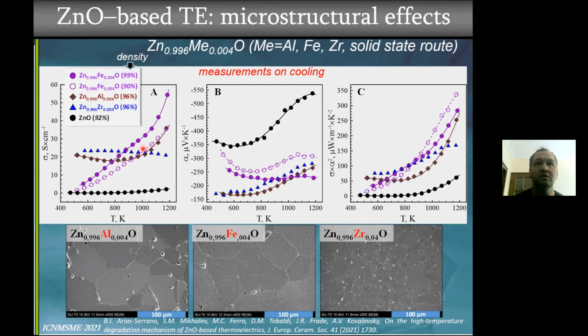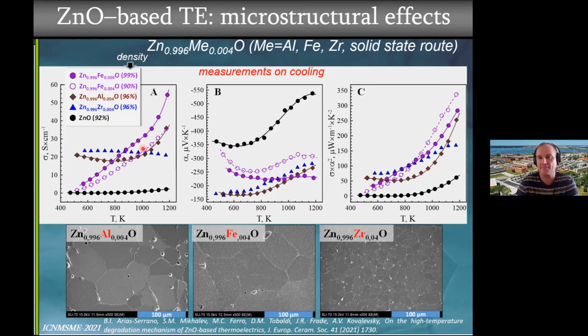I understand. So actually, I just wondered, is it a general effect of the pores on all materials, or can it be related to strontium in one case, and zinc oxide in another way? In the case of zinc oxide and strontium titanate, they're not completely similar, but they have some common features. For example, if you think about calcium cobaltite, this 349 layered structure, you won't find these porosity effects.